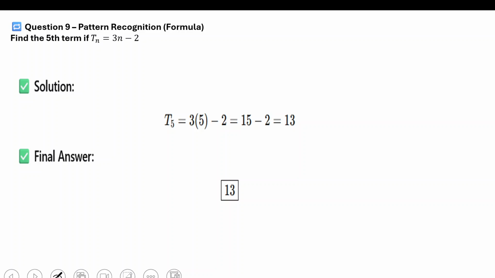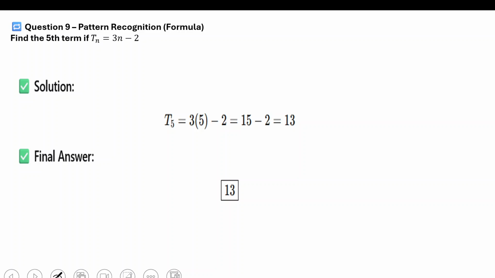Another pattern recognition question I have for you is this kind. It says find the fifth term if Tn is equal to 3n minus 2. What is happening here is that we are given a particular formula for that pattern. So all you have to do is put 5 where you see n, and you get your answer.